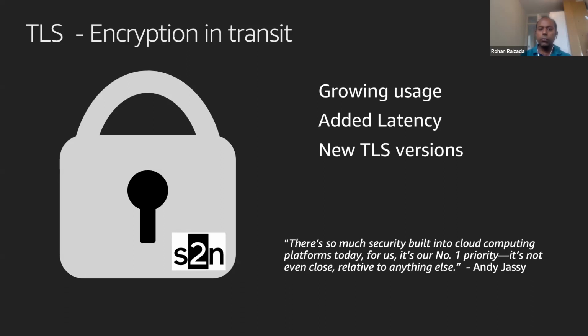So one of the things we did with CloudFront earlier was we launched our own library for TLS called S2N. An existing TLS library would have about 500,000 lines of code, whereas with S2N we have reduced it to around 6,000 lines of code.